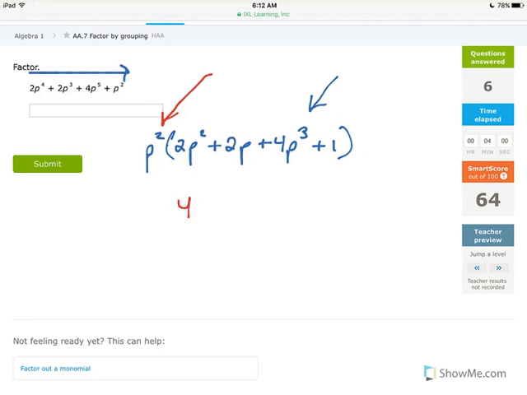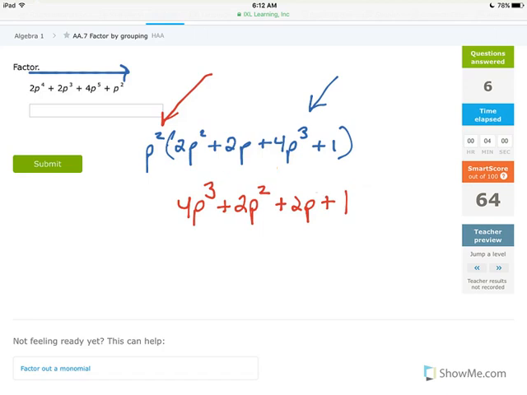So we're going to go 4p to the third plus 2p to the second plus 2p plus 1. And this will get it in descending order, where you have your power of 3, and then you have a power of 2, and then this one would technically be a power of 1, and then you have your constant. And this usually works out a lot better as far as factor by grouping, as far as getting everything in the right place.